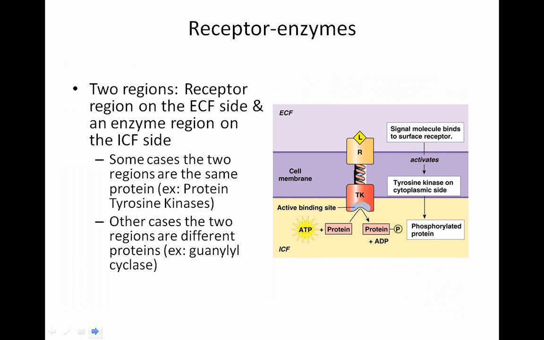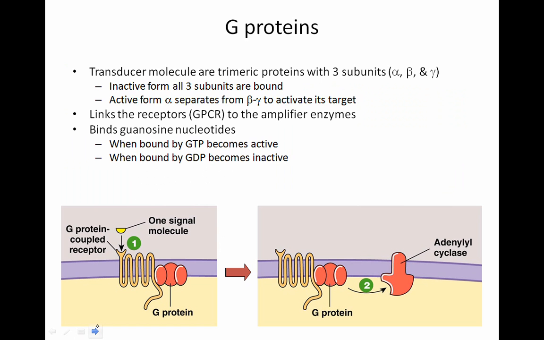So what we've done is we've changed the nature of the protein, depending on the protein that's down the line. So this is either a new active protein or a new deactivated protein. Sometimes a receptor enzyme complex can be different proteins in and of itself, for example guanylyl cyclase, and if you don't know what that is, don't worry about it. I'm not going to ask for examples. But I'm interested in the G proteins, and I'll go through all of these in just a moment.